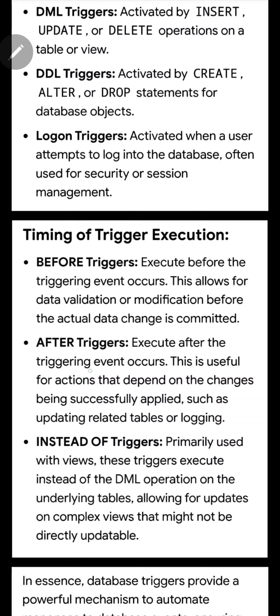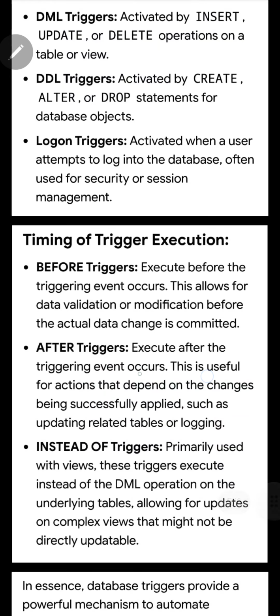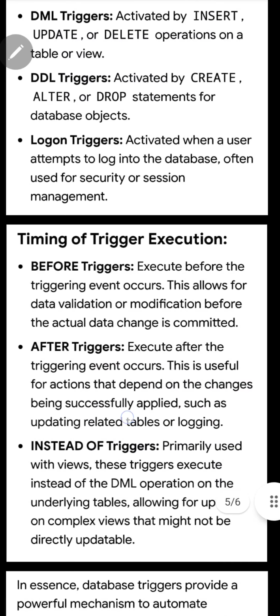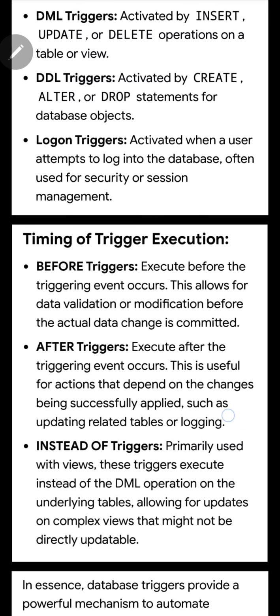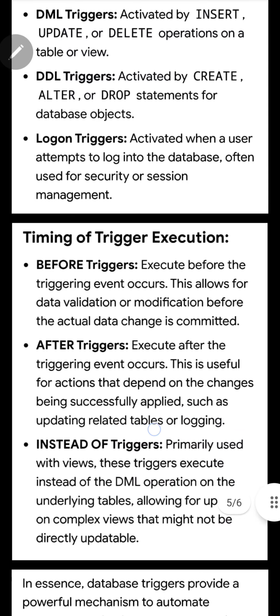After triggers execute after the event occurs. They are useful for actions that depend on the changes being successfully applied, such as updating related tables or logging. For example, let's say every year the rate of interest increases by 5%. So when that particular date reaches, the rate of interest would increase.